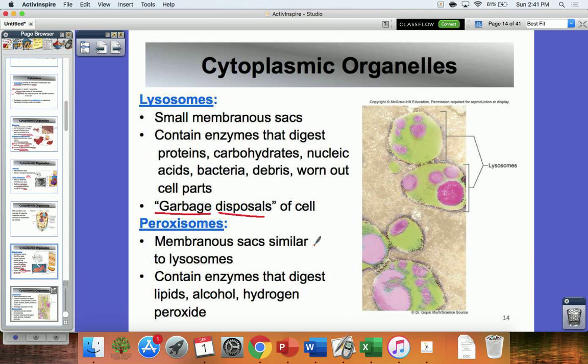That's going to be what our lysosomes are going to do. Peroxisomes are going to do the same thing as lysosomes, but the only difference is that our peroxisomes are not going to be digesting proteins and carbohydrates, but in this case, they're going to be digesting lipids and alcohols. And so, same exact function, they just digest two different things.